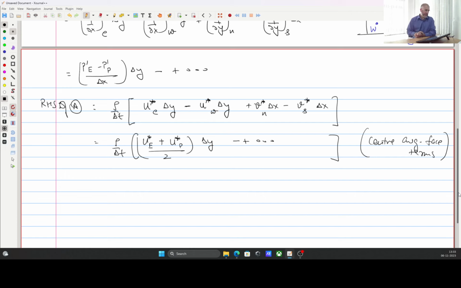Okay, so you get an equation in p prime terms, which is sort of implicit in the sense that there's no explicit nature here. There's no time as such here. So you have to solve for all the p primes together. We'll have p primes for north, south, east, west, as well as the node capital P here.